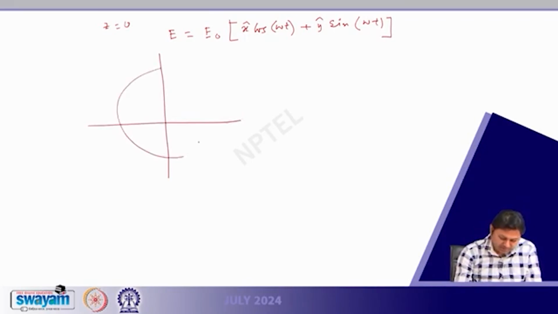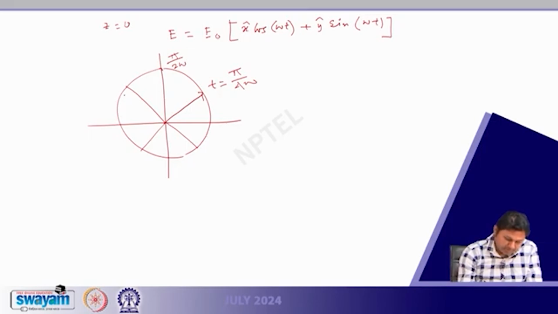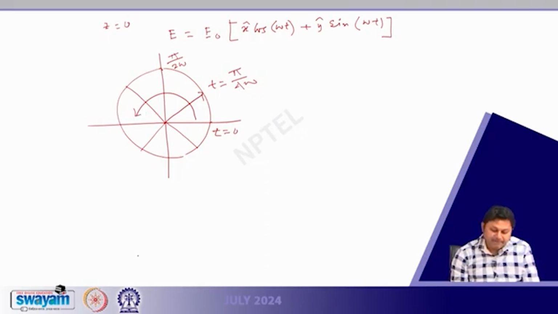So, if I draw a circle here, then this is the way the electric field is going to move. At this point it will be when t is equal to pi by 4 omega. At this point it will be pi by 2 omega. In a similar way, starting from t equal to 0, the electric field will rotate in this left direction.